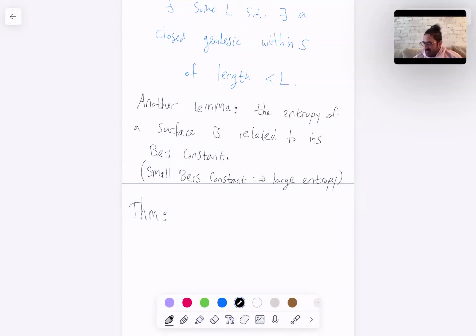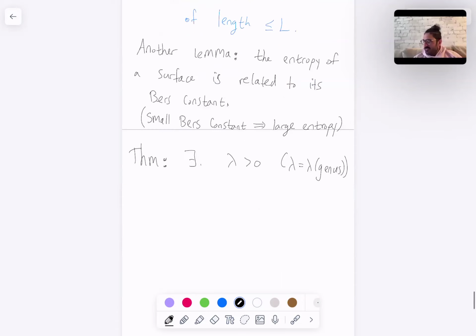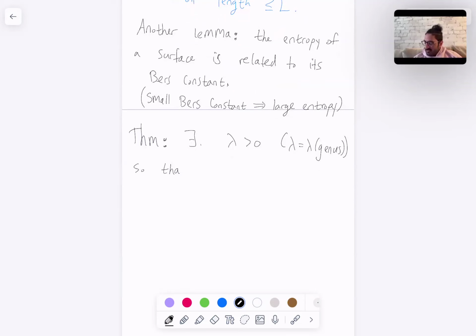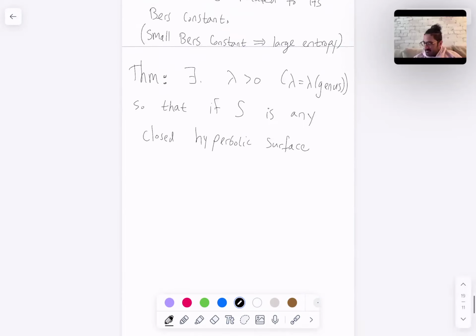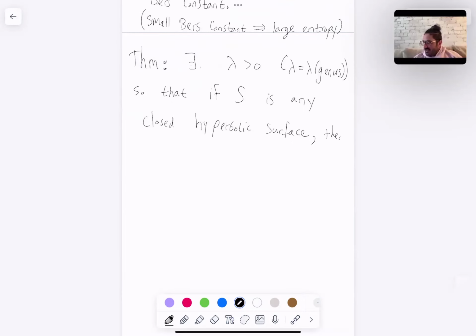There exists lambda bigger than zero, where lambda here depends only on the genus, the topology of the surface, nothing else, so that if S is any closed hyperbolic surface, then there exists a proper subsurface, let's call it H, with entropy bigger than lambda.